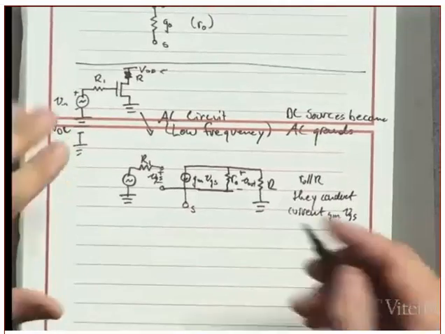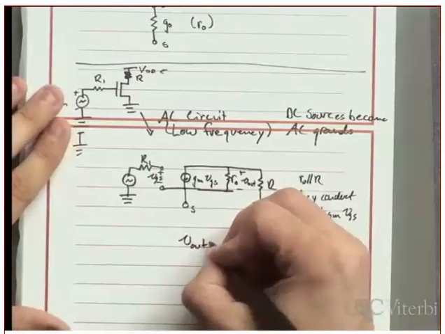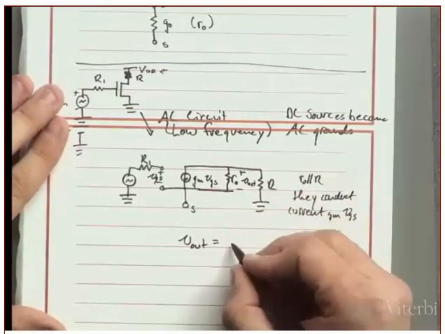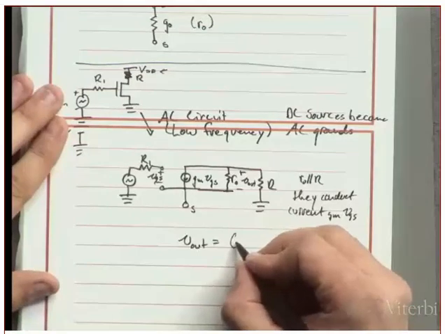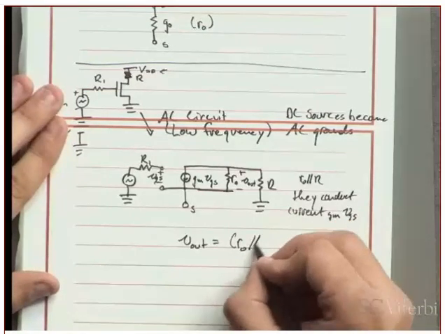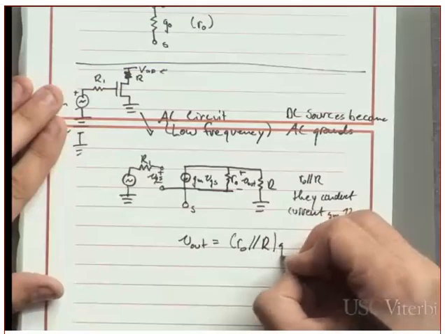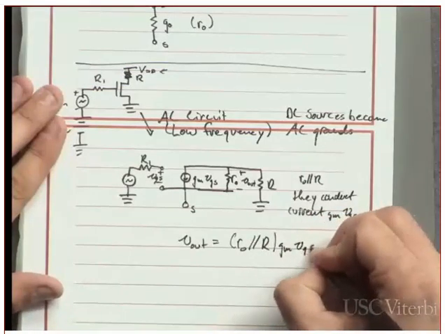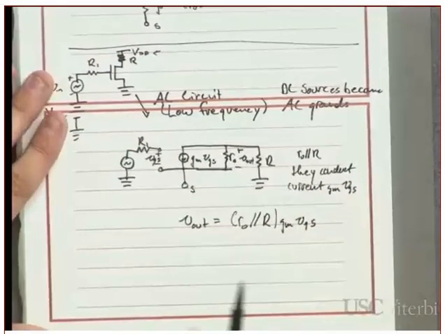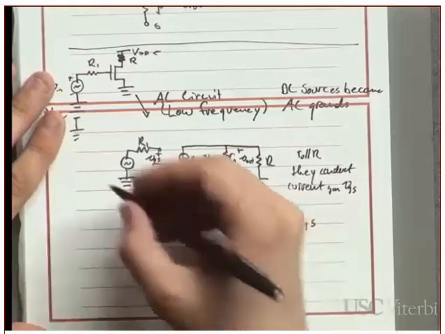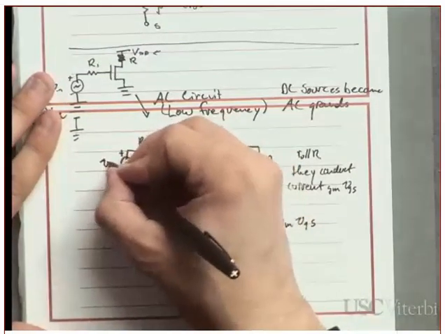So if I want to write the output voltage of this, I can write it pretty quickly. It's the current. Now, simple enough for this circuit, VGS is actually Vin, which I forgot to label right here.